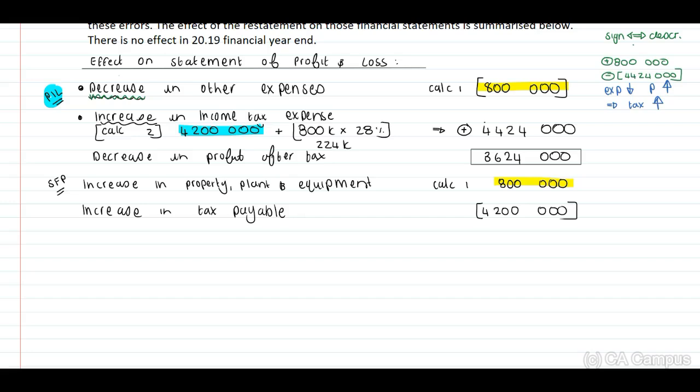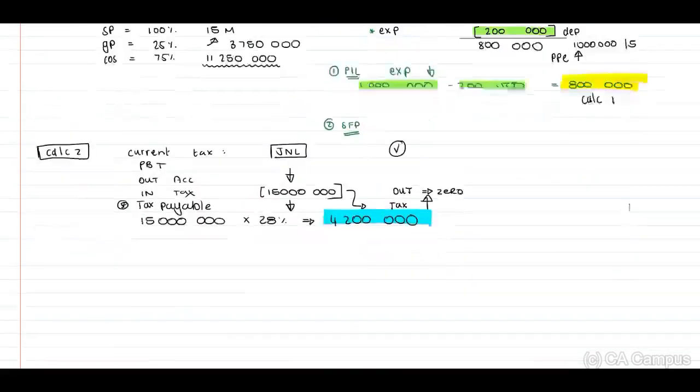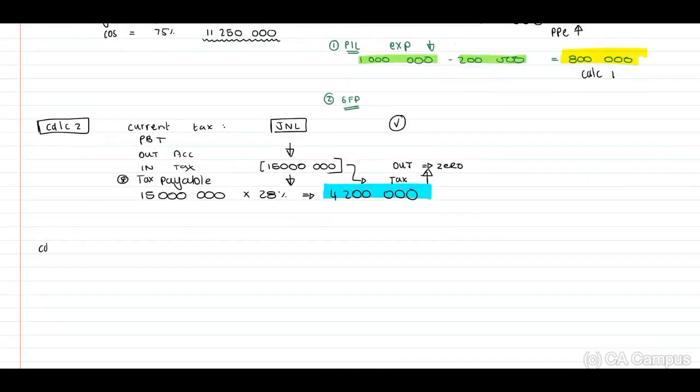But, okay guys, now, when you think about our deferred tax, what is the effect on our deferred tax? If we include our deferred tax calculation, let's say that this is calculation number 3. Think about this. We have our carrying amount, our tax base, our temporary difference, and our deferred tax. Now, for accounting purposes, the journal that they have recognized is 14 million, minus the depreciation on the 14 million.